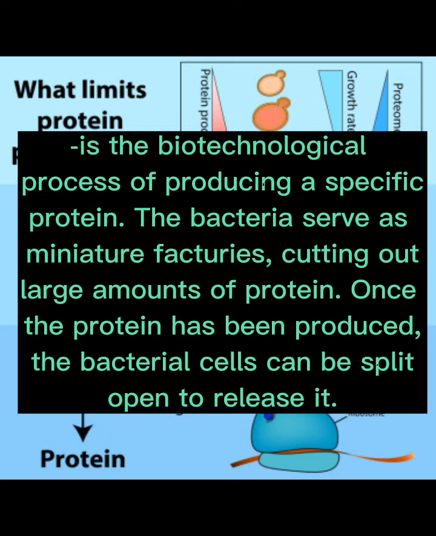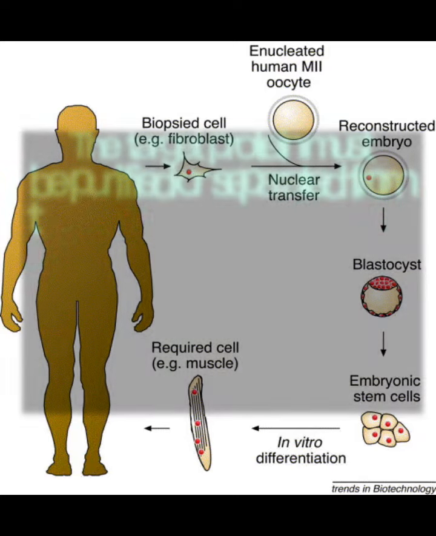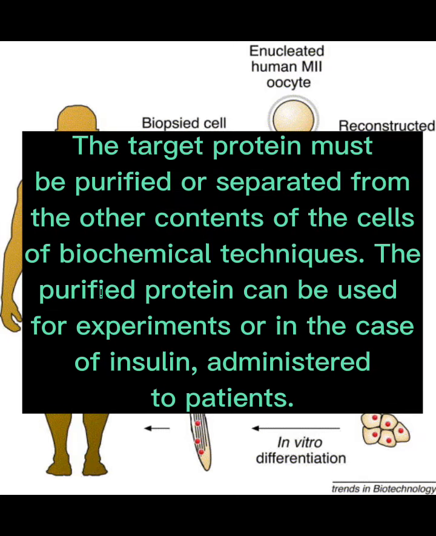Once the protein has been produced, the bacterial cells can be split open to release it. The target protein must be purified, or separated from the other contents of the cells, by biochemical techniques. The purified protein can be used for experiments or, in the case of insulin, administered to patients.